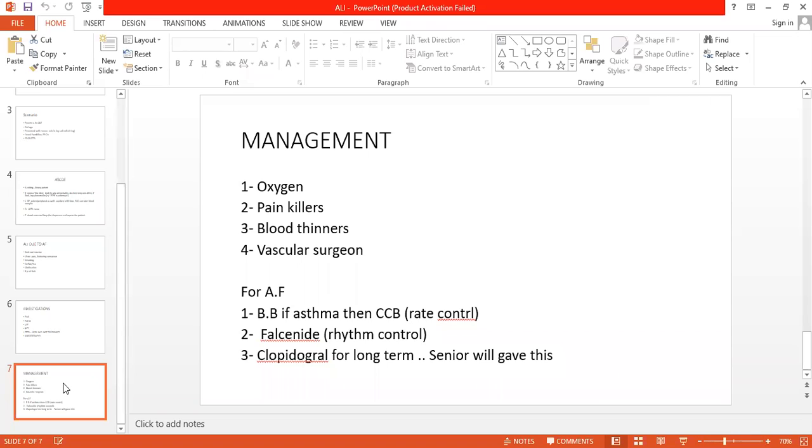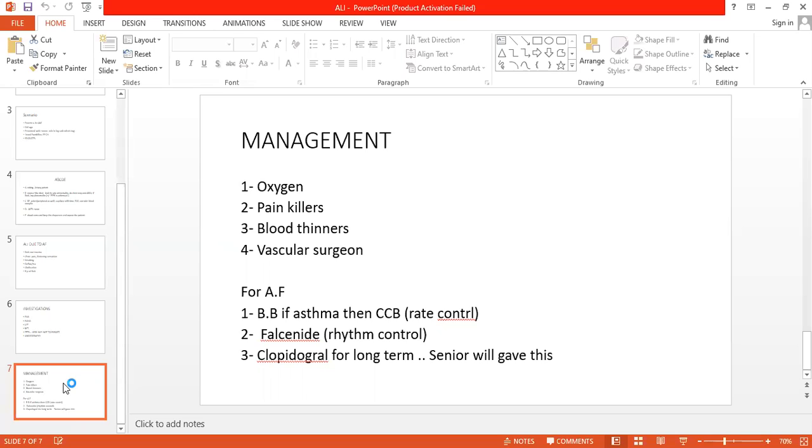Via a non-rebreather mask. For that you can ask about asthma as well, whether the patient is asthmatic or not. Because if the patient is asthmatic, then you have to give the oxygen through a Venturi mask at 24 or 28%. You will not give the oxygen via a rebreather mask. So that's the difference between asthmatic or non-asthmatic.